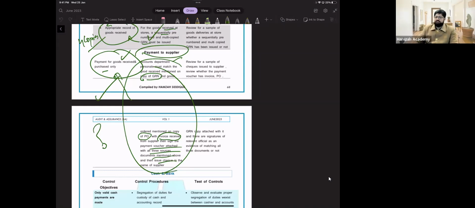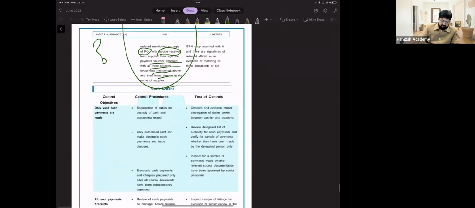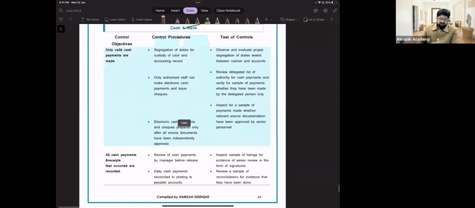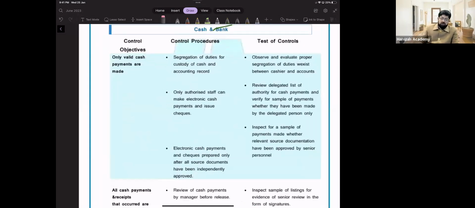Now, next. Good. The next is cash and bank. I will do it. Cash and bank. Control only valid. Now, cash and bank is to some extent related to the purchases and sales as well. Other expenses as well.